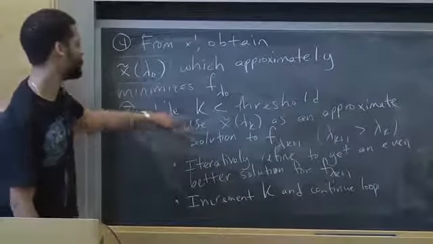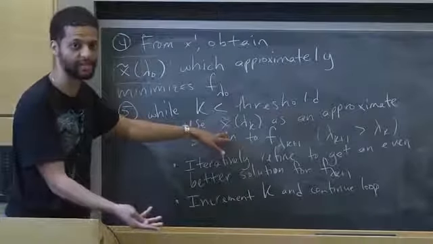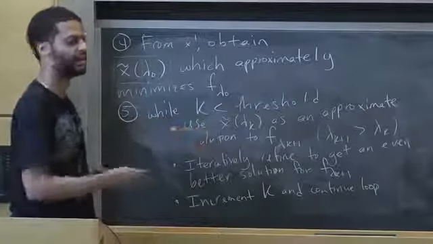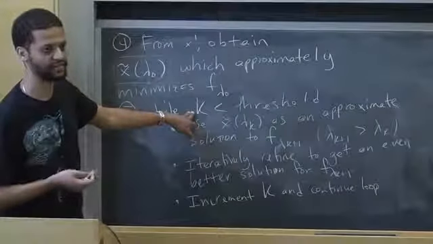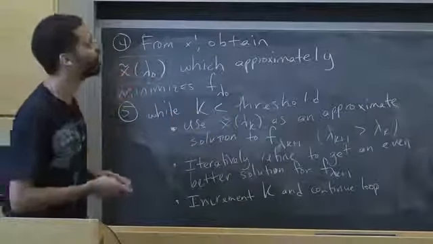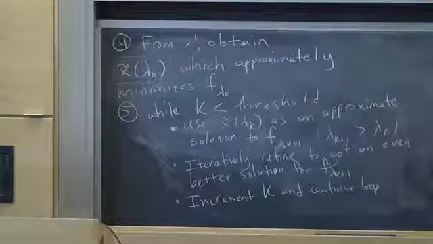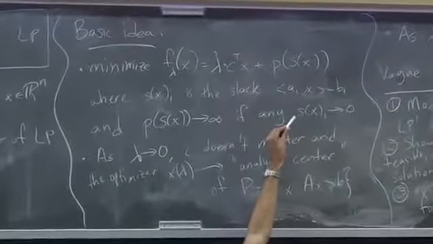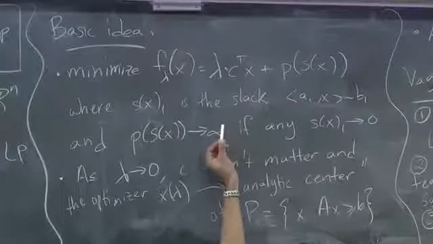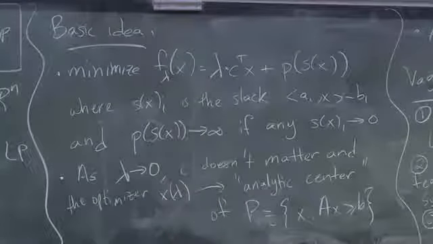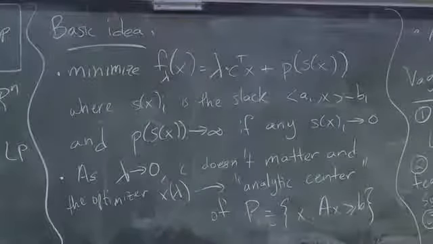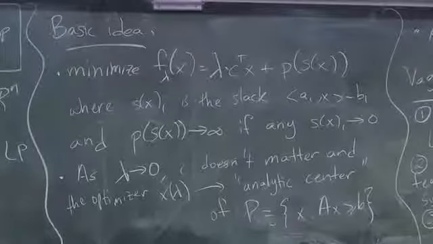And then we go back to the loop, and we use that as an approximate minimizer for f sub lambda 2. And then we keep iterating until finally lambda k is big enough. And once lambda k is big enough, then this becomes the dominant term in the sum, not the barrier function. And then you can show that once lambda is big enough, an optimizer for this function basically can be easily rounded to an optimal solution for the original LP.